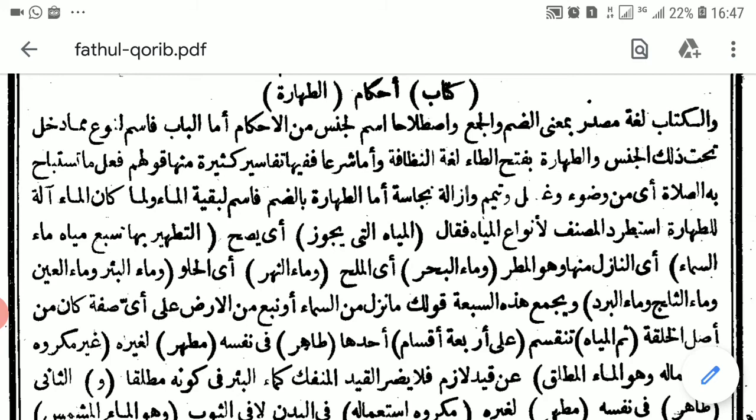Minha qawluhum, one of them is the opinion of ulama, fi'lun ma tustabahu bihi sholatu ay min wudu'in wa ghuslin wa tayammumin wa izalati najasatin.